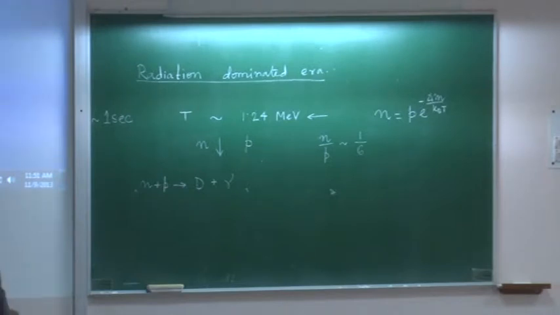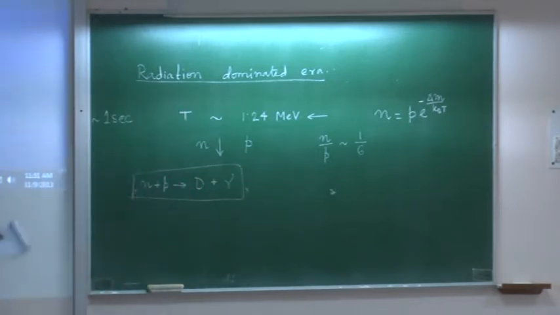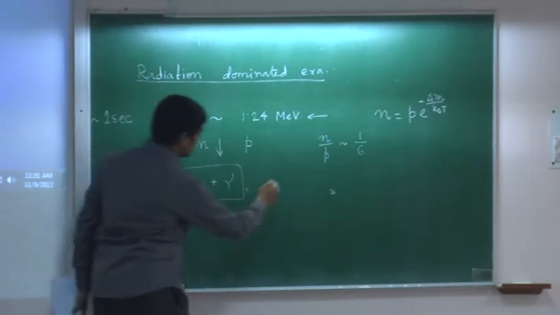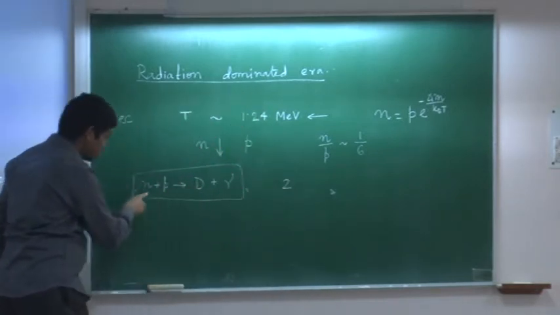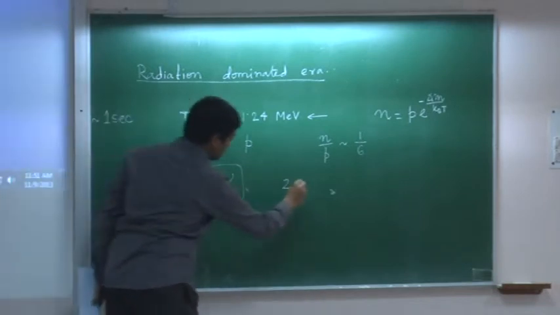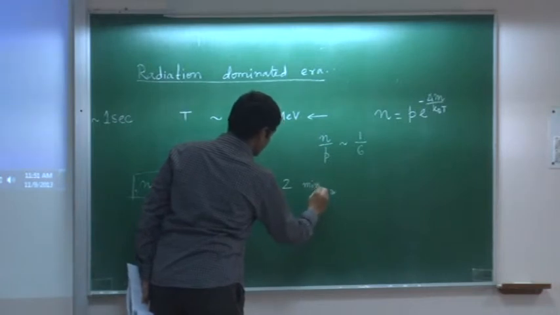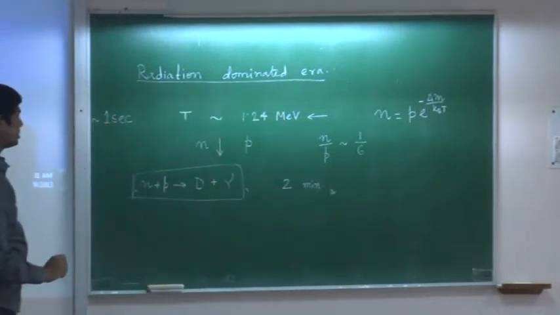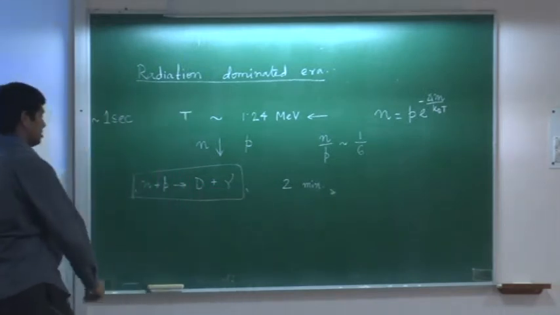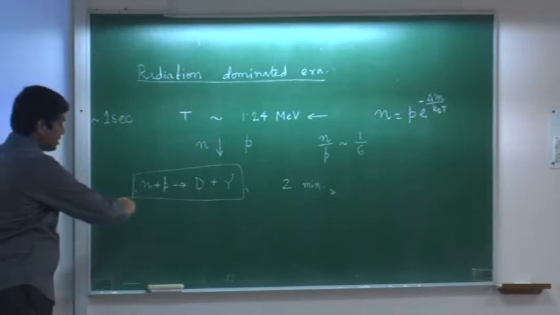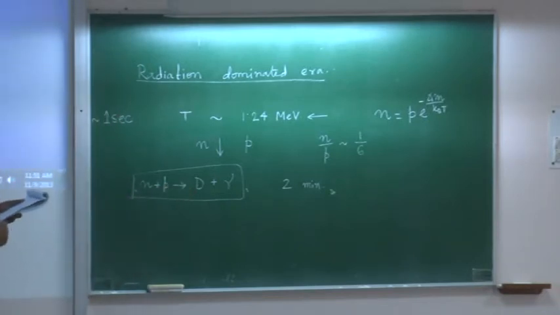Now this reaction takes a long time. This reaction takes 2 minutes. So this creation of deuterium from neutron and proton takes 2 minutes, takes the universe to an age of 2 minutes. You can see this happened at 1 second, this took 2 minutes to occur. Which means that the forward reaction rate is not that fast compared to the backward reaction rate.